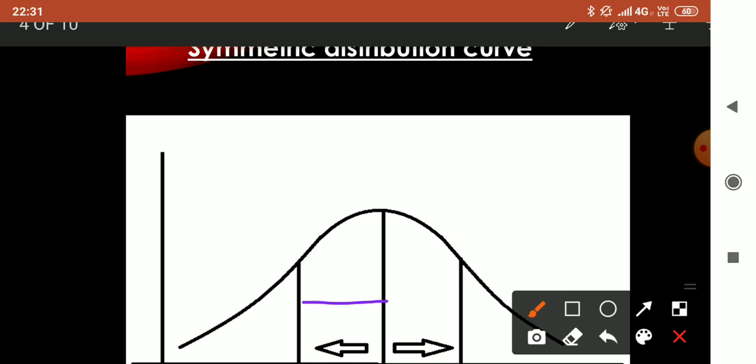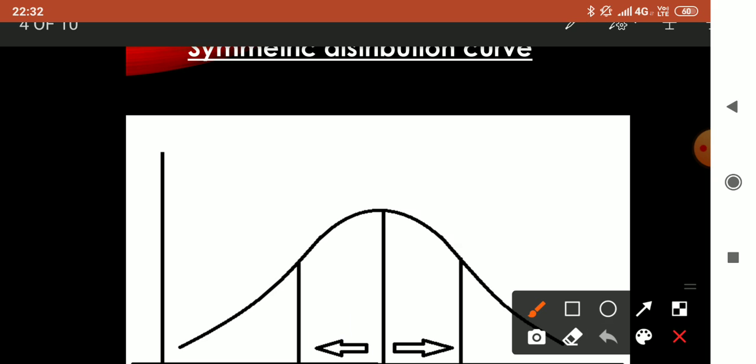are evenly distributed. That means the area or the size from the middle line to the left hand side is equal to the size from the middle line to the right hand side.